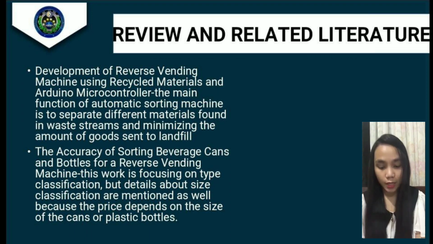The other one is the accuracy of sorting beverage cans and bottles for a reverse vending machine. This work is focusing on type classification, but details about size classification are mentioned as well, because price depends on the size of the cans or plastic bottles.